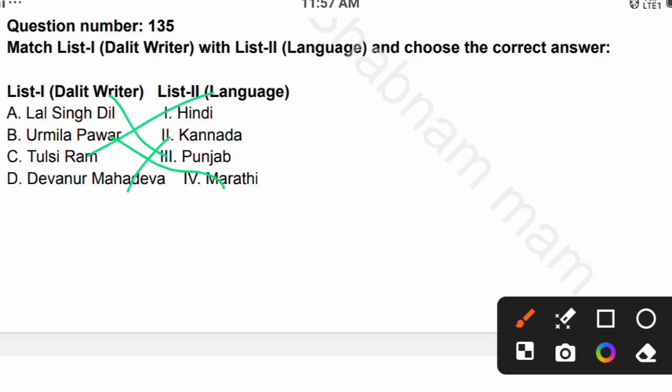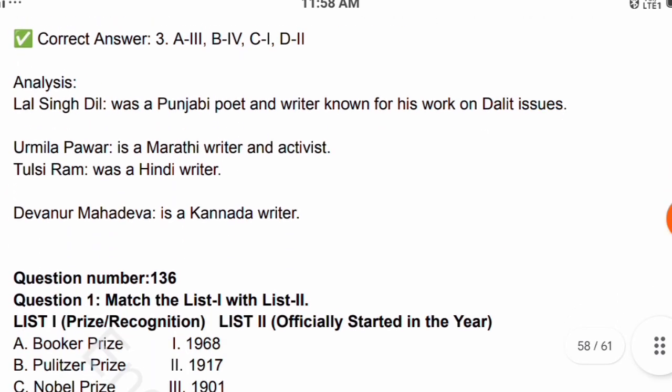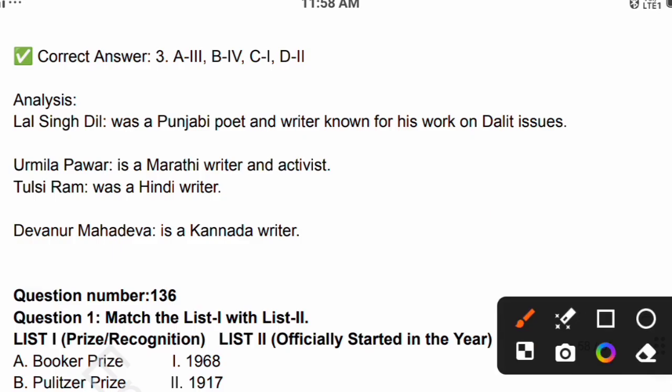That means these are the Dalit writers and the languages they belong to. Let's move to the next question. Here you can see Lal Singh Dil was a Punjabi poet and writer known for his work on Dalit issues. Urmila Pawar is a Marathi writer and activist. Tulsi Ram was a Hindi writer and Devanur Mahadeva is a Kannada writer.